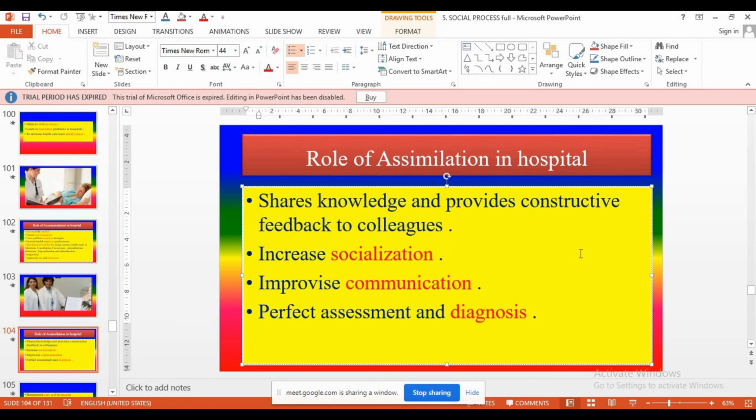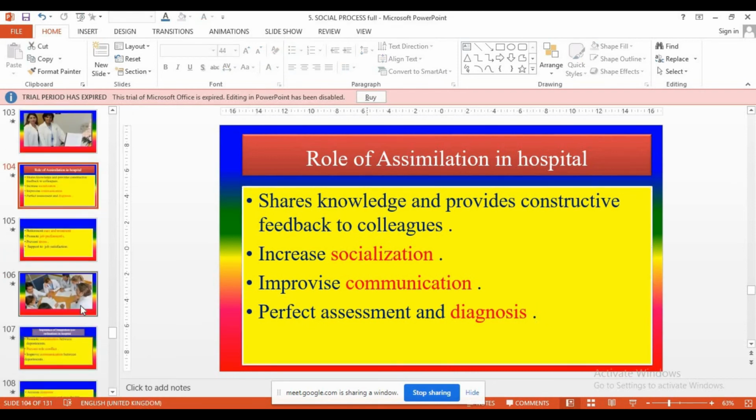For example, laboratory, pathological tests, imaging technology in hospitals, MRI, CT, radio diagnosis. Then nurses mainly do nursing diagnosis, by identifying the client's needs, their social and psychological needs, and provide efficient healthcare services through the assimilation process.